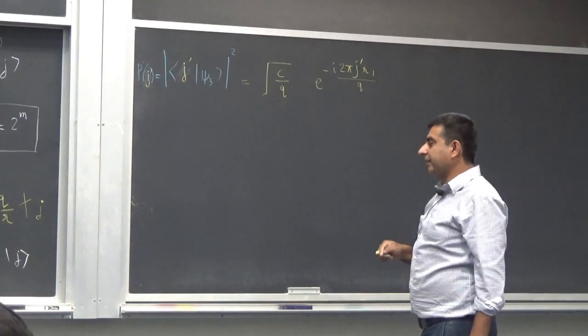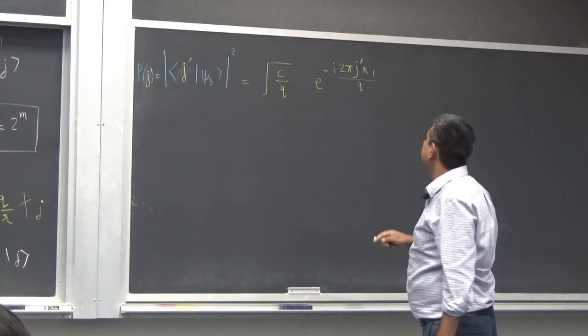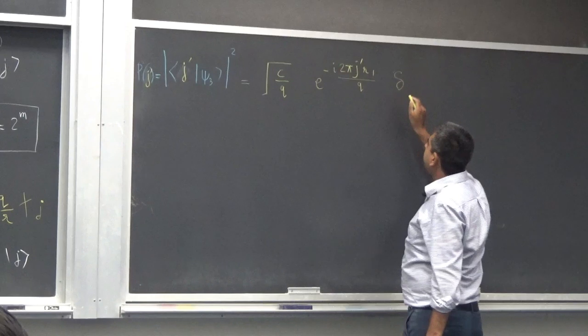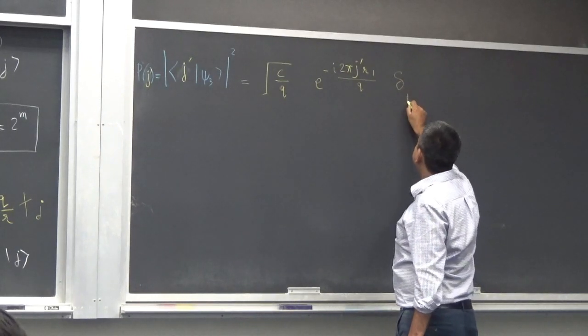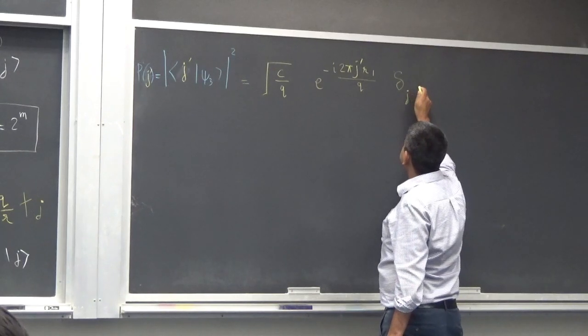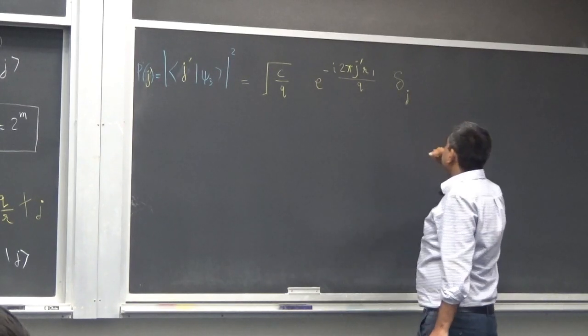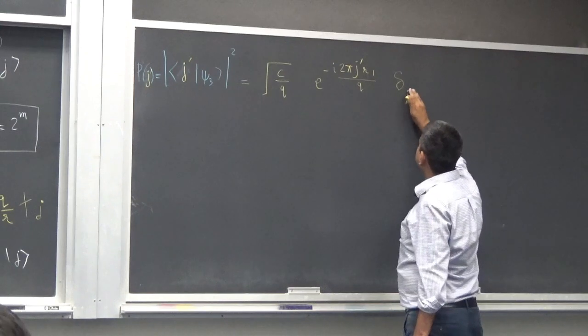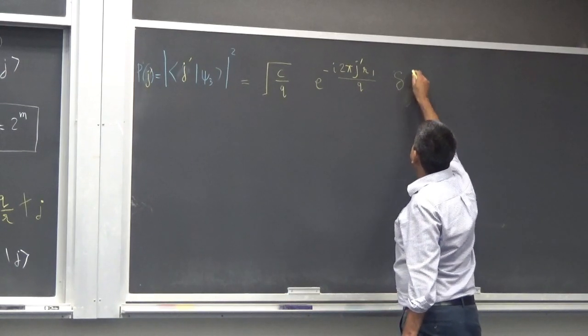This term appears if I put a Dirac delta function, when this j prime is some multiple of q over r.